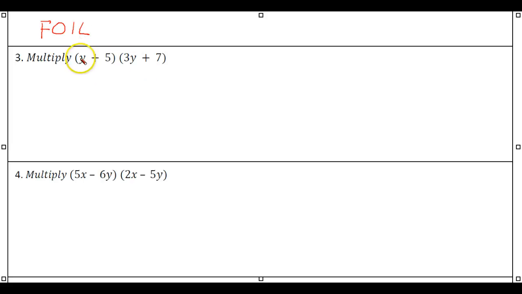We take the first term of our first binomial, which is y, and multiply it by this, 3y plus 7. We then take the second term of our first binomial, which is plus 5, and multiply it by 3y plus 7. And then we will actually do that here.